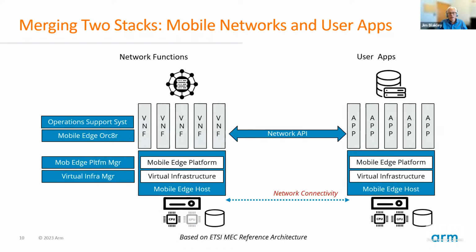On the other hand, the cloud world tends to think about user apps, augmented reality or computer vision or other sorts of IoT-style applications that should live close to where the user is to give them a better user experience. And the stacks for these two, even though they may be architecturally similar, are generally treated as separate kinds of platforms.